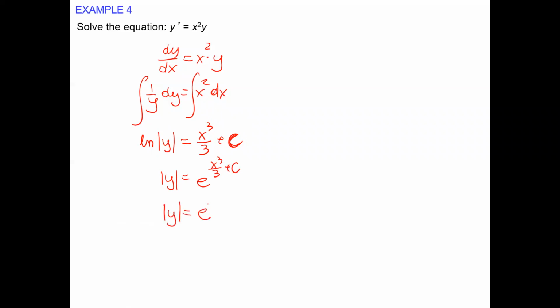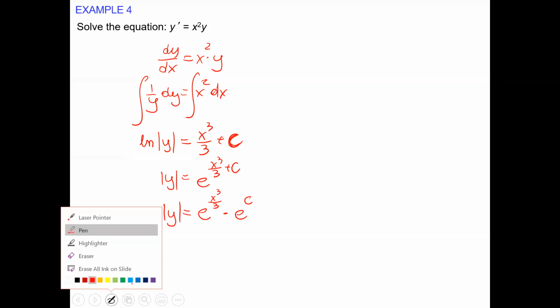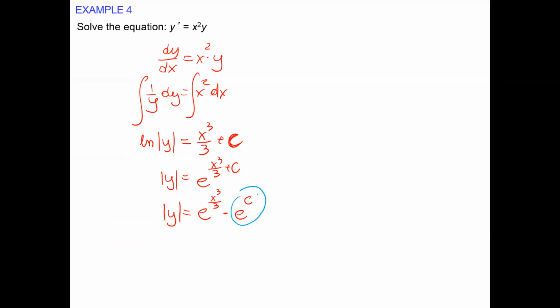But let's change this solution a little bit. Adding the exponents means that we can multiply the same base, the same e. That addition indicates this multiplication. And again, we remember e to the c is basically a constant.